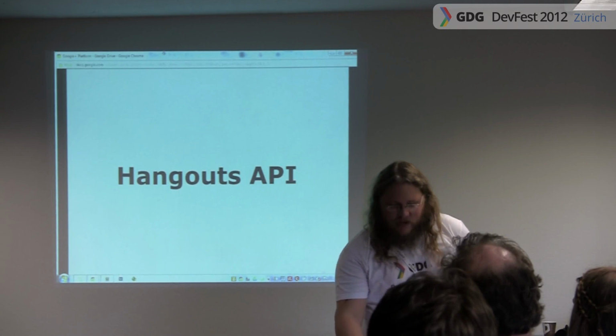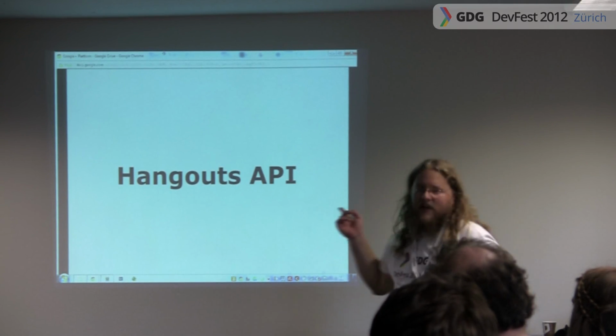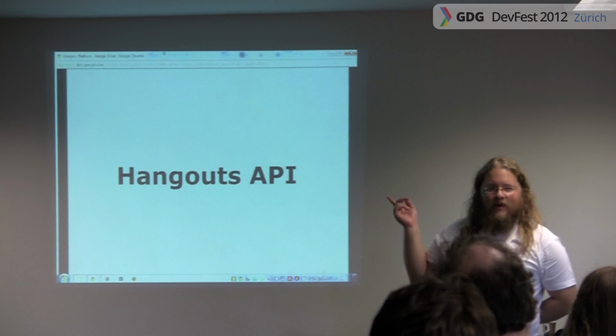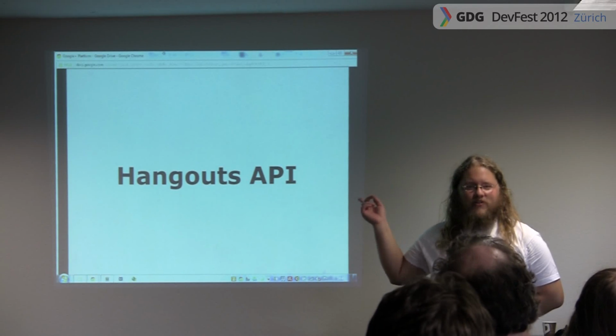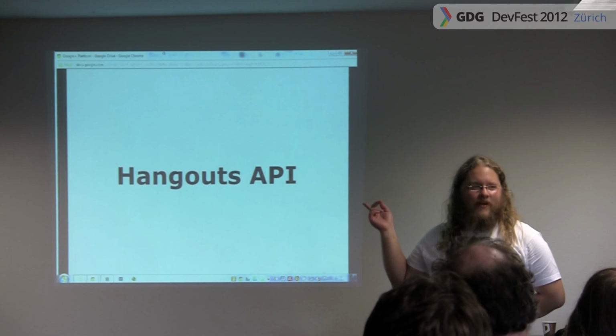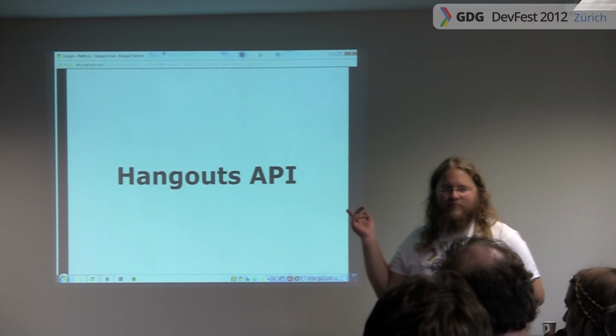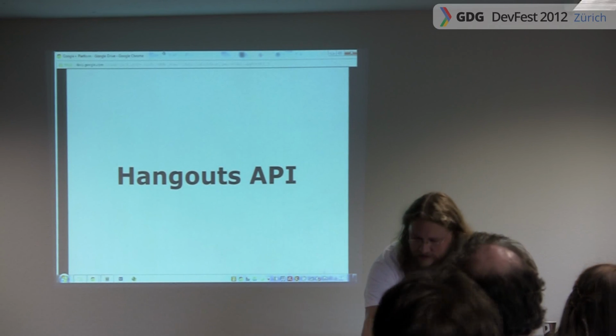So about the Hangouts API, I'm going to give a code lab about the Hangouts API tomorrow. So I'm just going to touch the surface today in this talk, if you want to go into detail, because the Hangouts API is best learned by doing.